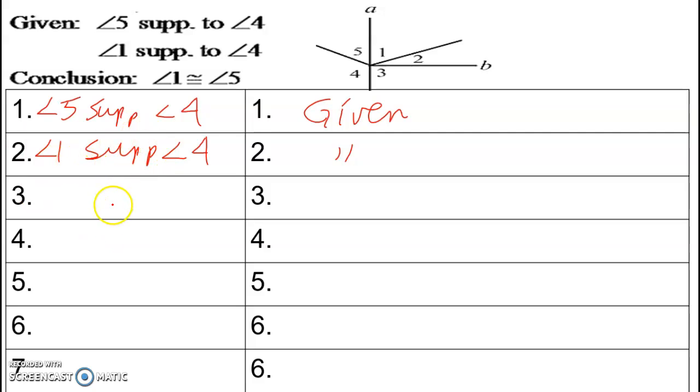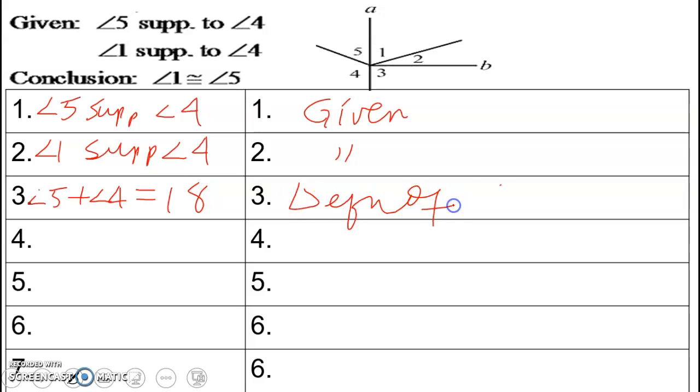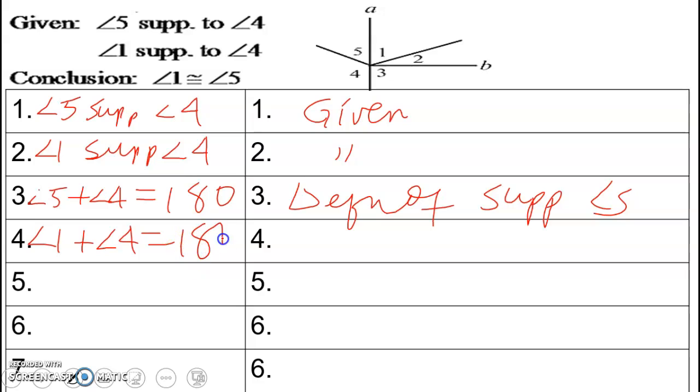So angle 5 plus angle 4 would equal 180 by the definition of supplementary angles. And likewise, angle 1 plus angle 4 will also equal 180 by the same reason.